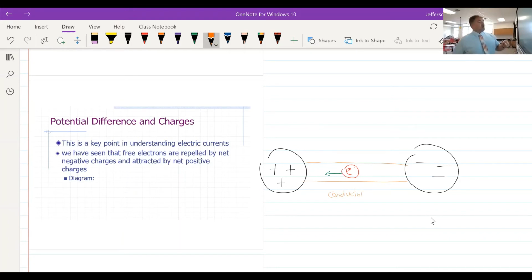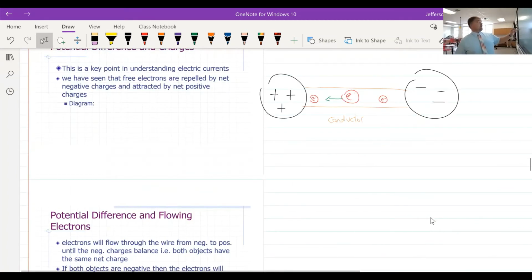All of those charges in that conductor, that are just chilling out and easy to move, are going to get pushed away from the negative and towards the positive. These two things, when they have different charges, remember we have defined, there's a difference of potential.